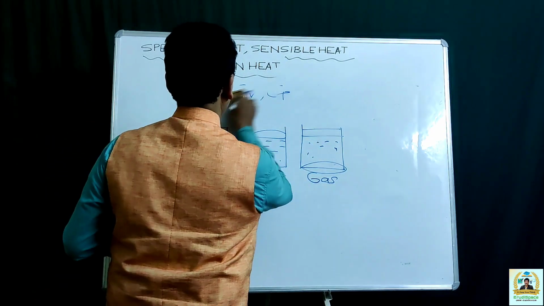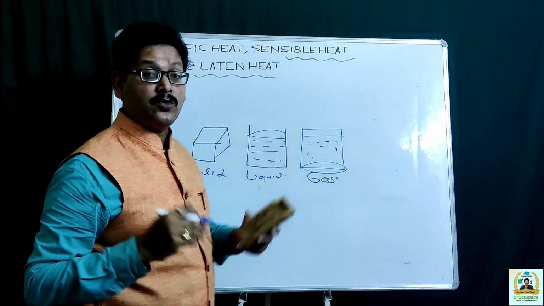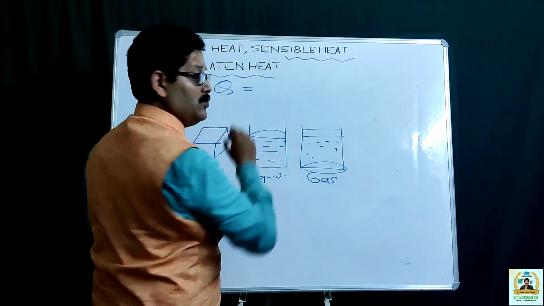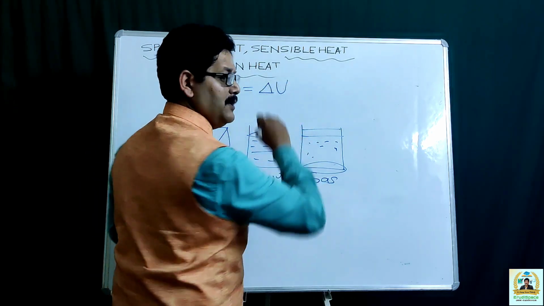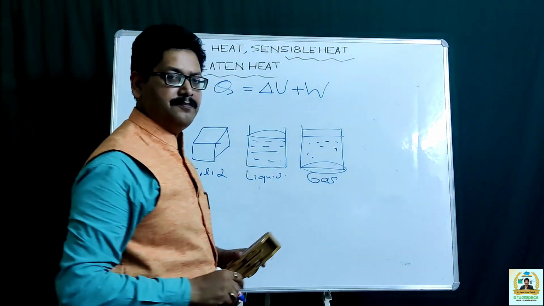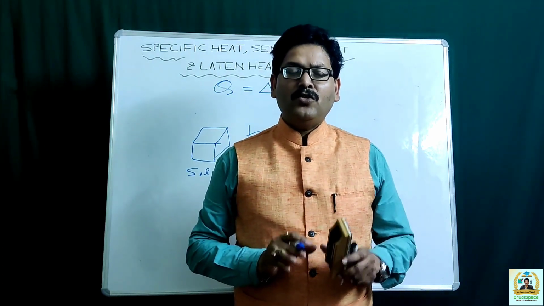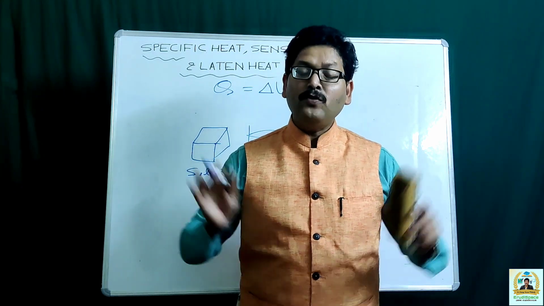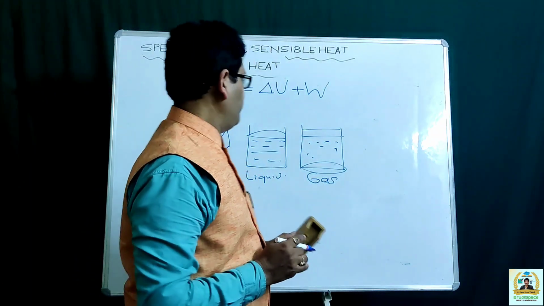So all of us know that as per the first law of thermodynamics, for a closed system undergoing a change of state, the amount of heat added is equal to the change in internal energy represented by delta U plus external work done. And you should remember that when work is done by the system, it undergoes expansion, and when work is done upon the system, it undergoes compression.